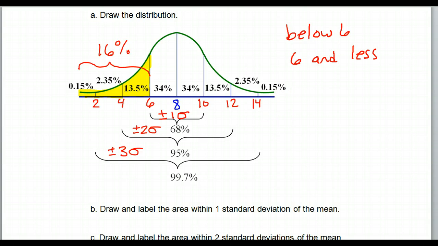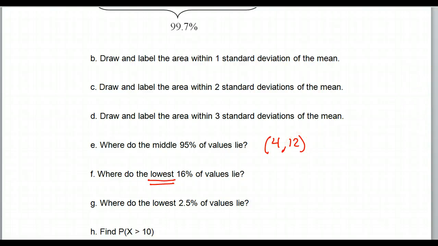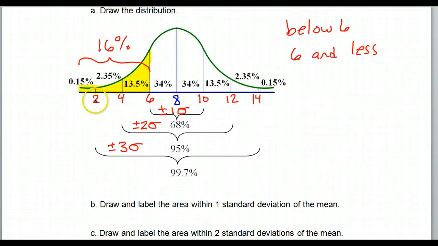Or if you want to still use interval notation, you can, but you have to recognize that we need some sort of infinity to reflect that this goes forever. So on the left side we have negative infinity, and on the right side we have 6. Negative infinity to 6, that's how we would write it if we wanted to stick with interval notation.